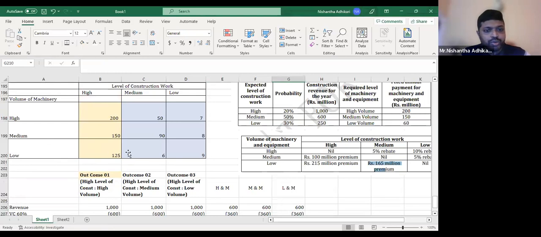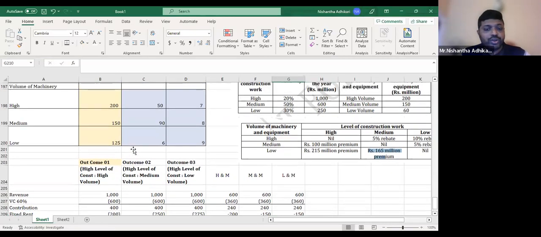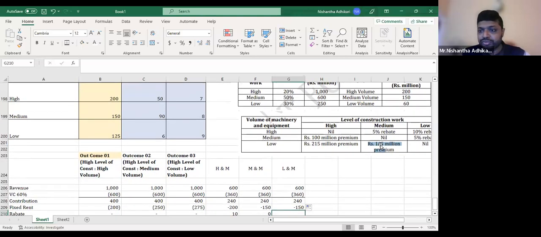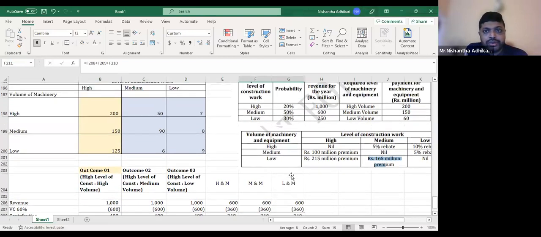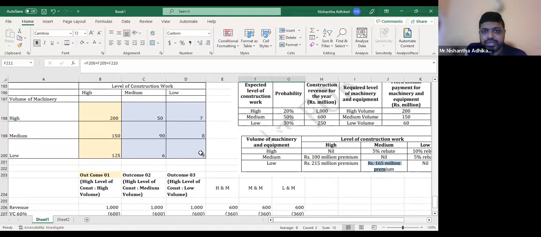Sorry, not a rebate. Volume of machinery low, work medium. Then 165 million you have to pay additional. There's no rebate at all. Then you can take the total. Is it 75 million? Quickly work it out.